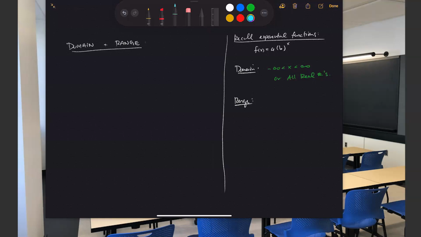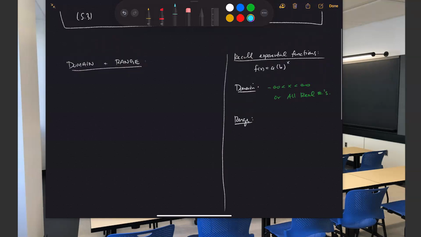So let's just kind of sketch a graph to remind ourselves what this looks like, a tiny one up here. Here's my axes, and then my function does something like this, passing through that vertical intercept of (0, a). I know that's tiny, but we just need kind of a rough idea of how an exponential function looks. So that's the domain.